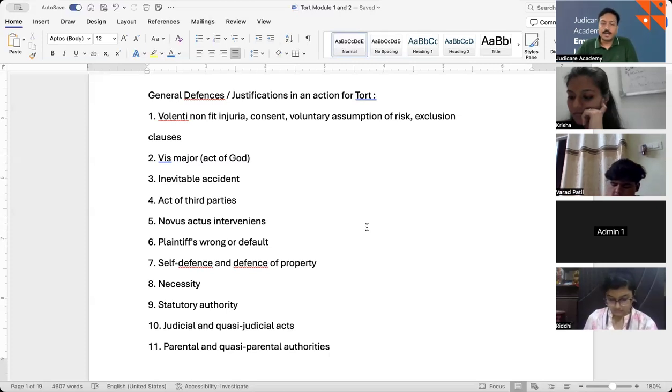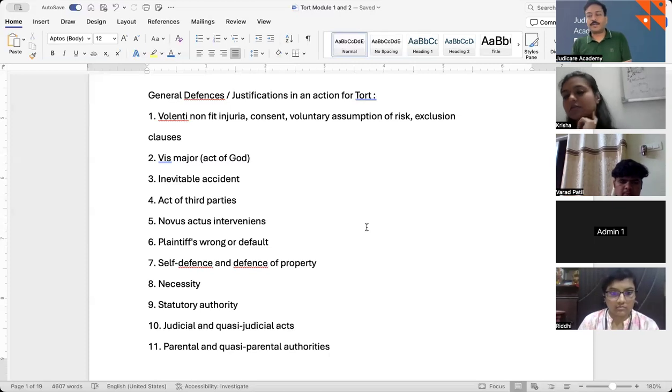It is an act which came in between. His signaling the traffic in the wrong way is an intervening new act which triggered a chain of incidents.